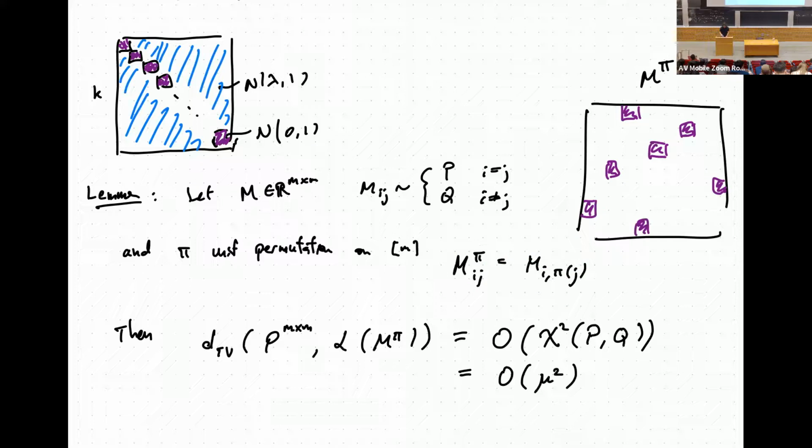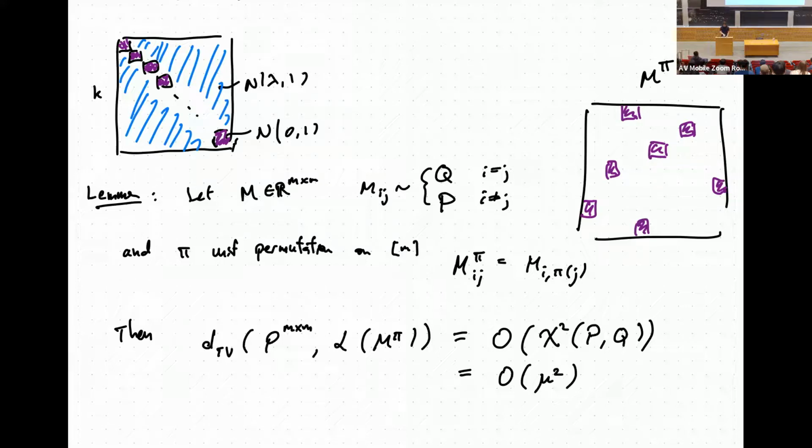Now what the lemma says is about the total variation between the matrix where everything... I should have put a reversed P and Q. Let's reverse them here, that'll be easier. So Q is the diagonal, that's the normal 0, 1, and then P is the off diagonal, the entire rest of the planted submatrix.